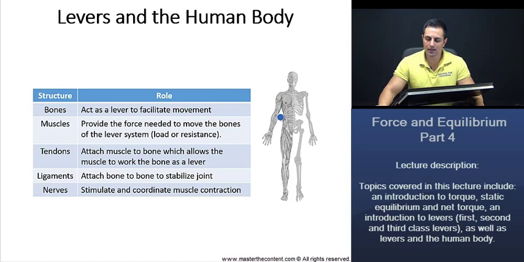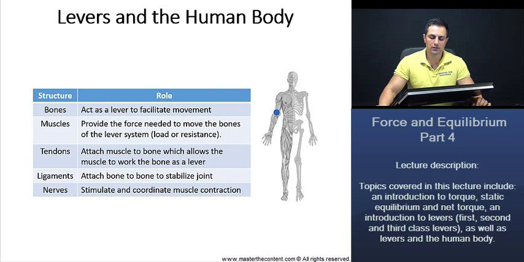Once it does that, it puts a tension force on the bone. If that tension force is not balanced, it causes the bone to rotate around a pivot point or a joint, and in our example here, that's the elbow joint.